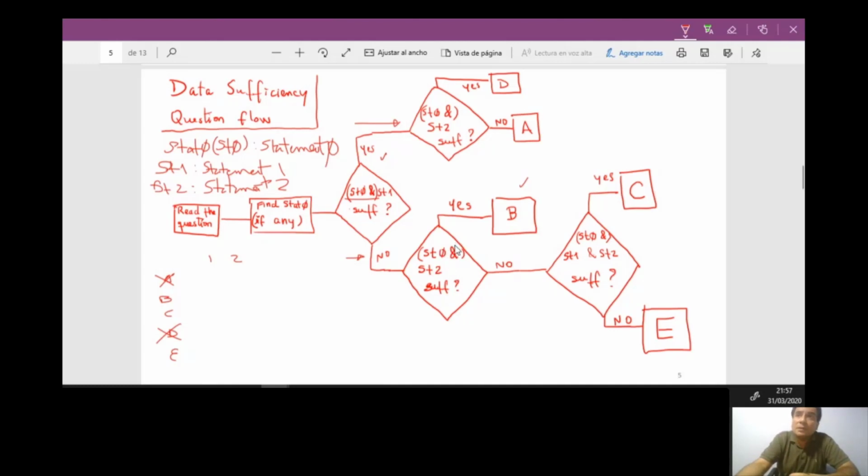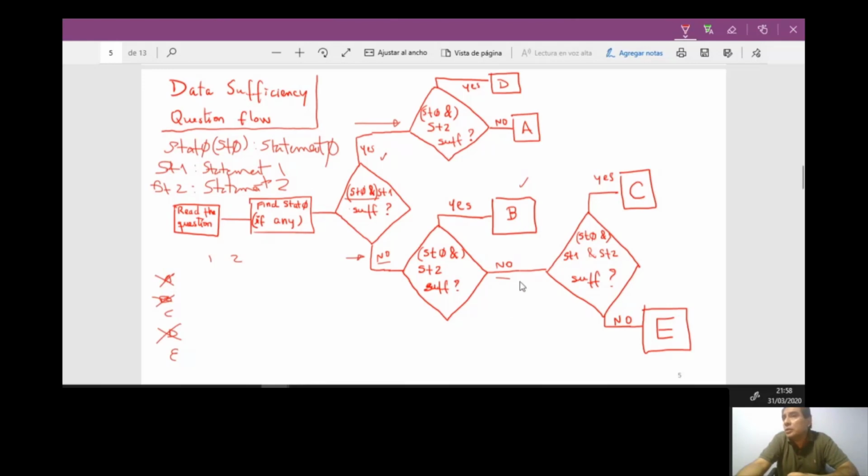Of course, there is always the possibility that when you evaluate statement 2 alone on its own, you consider that it's not sufficient. So what happens next? Well, what we did in one of the examples, we need now to label statement 2 as we labeled statement 1, and now we discard option B in this example.